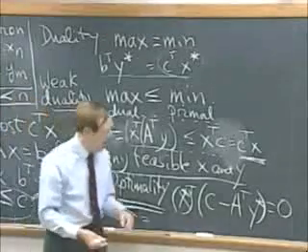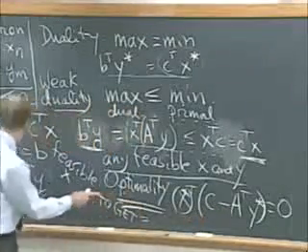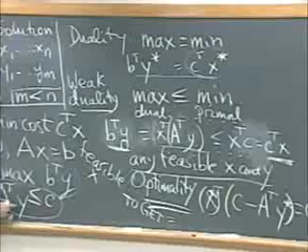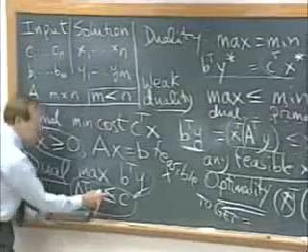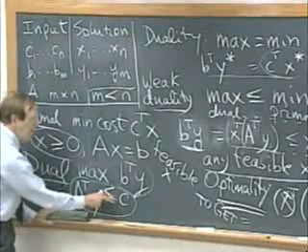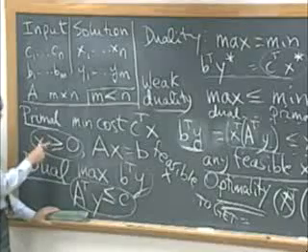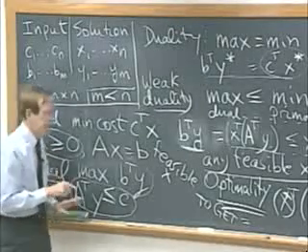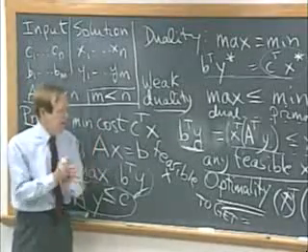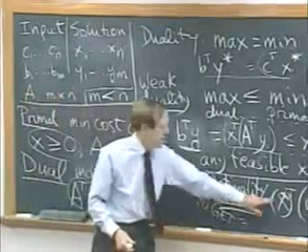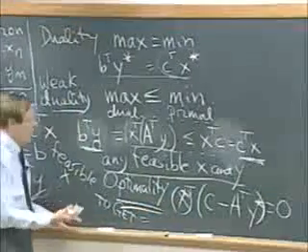And similarly, if our A transpose y is strictly below c on some component, then the corresponding x has to be 0. It's really neat stuff. In a way, these x's are like Lagrange multipliers for these.